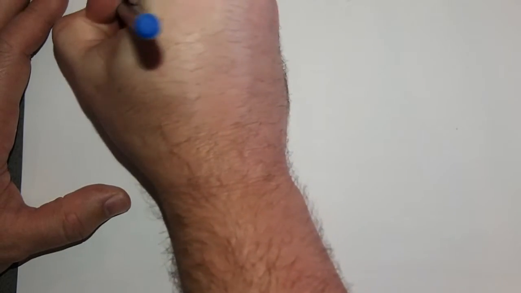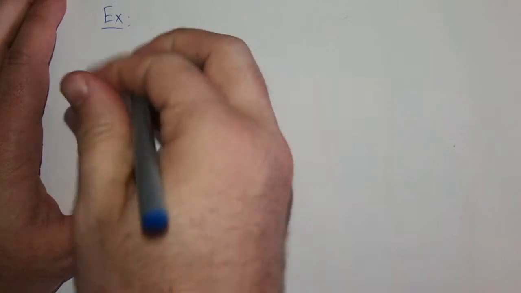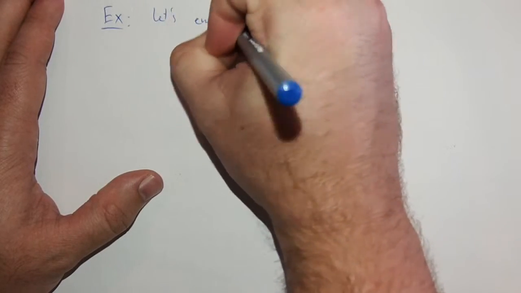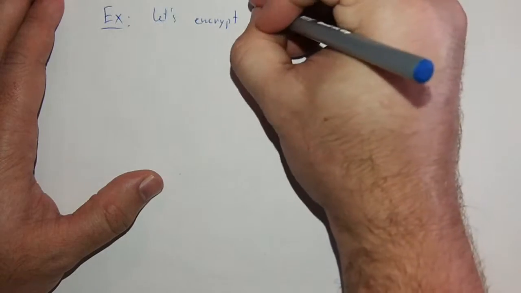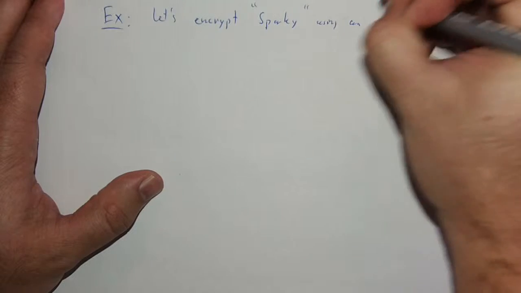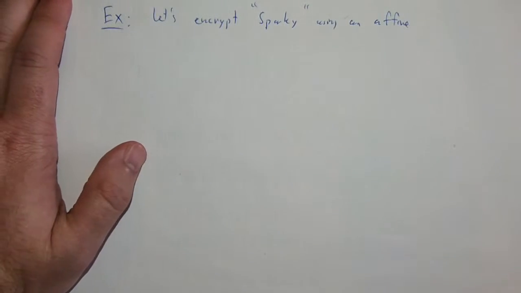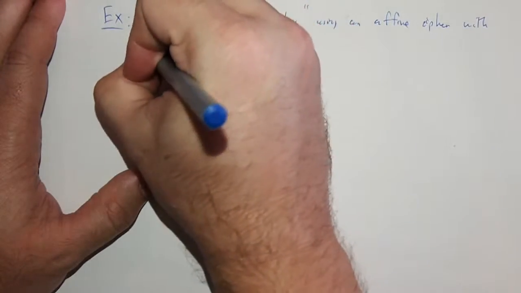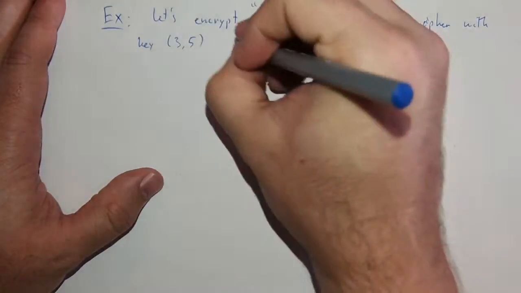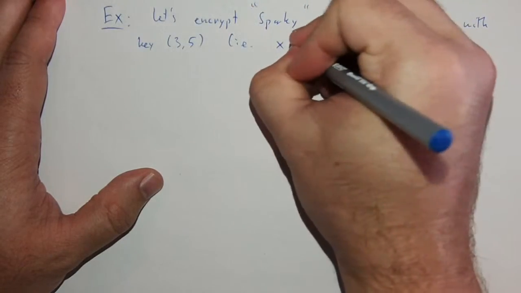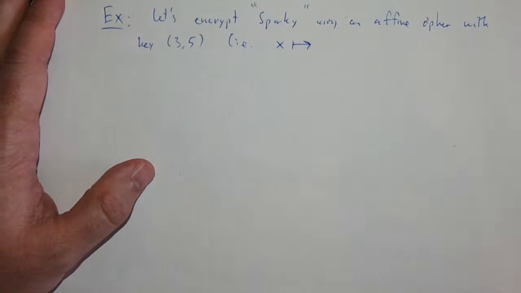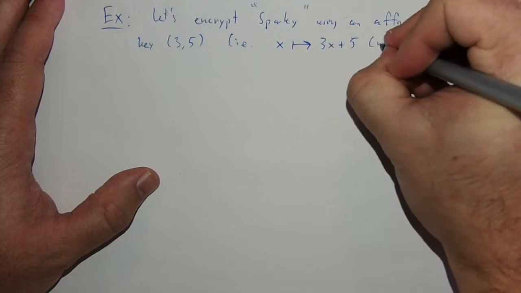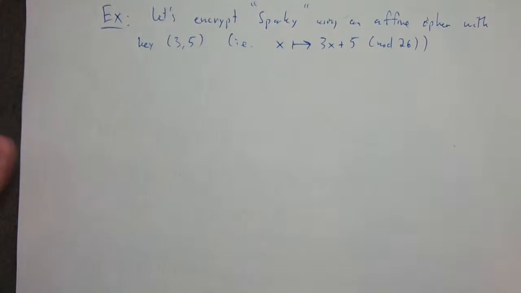So here, I have my example: let's encrypt Sparky using Affine Cipher with key 3-5, i.e., each letter X, once we've turned the letter into some numerical value, this gets shifted to 3x plus 5 mod 26.